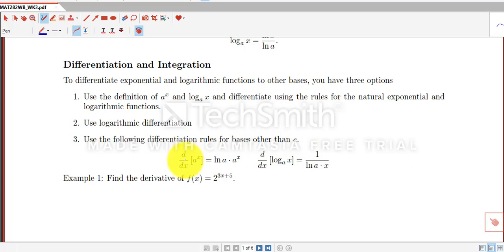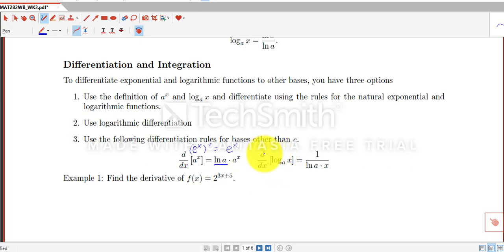So the derivative with respect to x of a to the x equals ln of a times a to the x. Notice how similar it is to the derivative of e to the x, which is just e to the x itself, and it's just a difference of the constant factor ln of a.